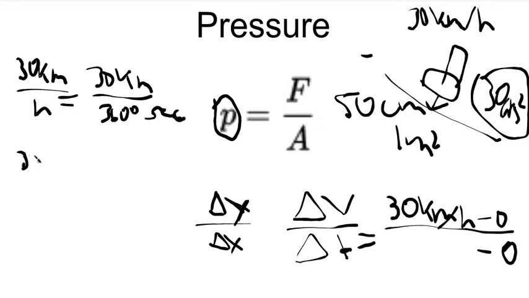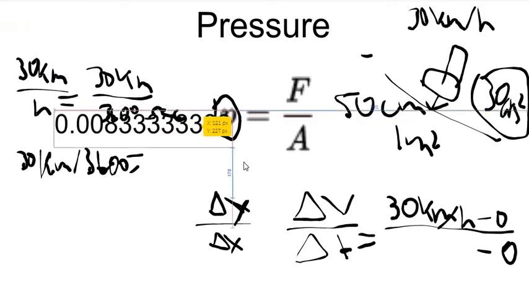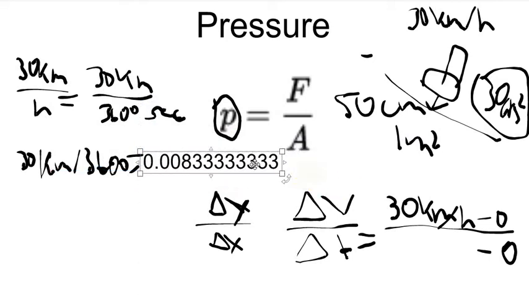Or we could do 30 divided by 3,600, because that's how many seconds are in an hour, which would get you, okay, I need a calculator, but which is equal to 0.0083, which continues. We could put a dash on top of it there. So that's kilometers per hour.